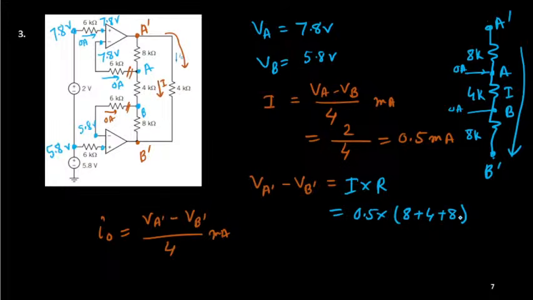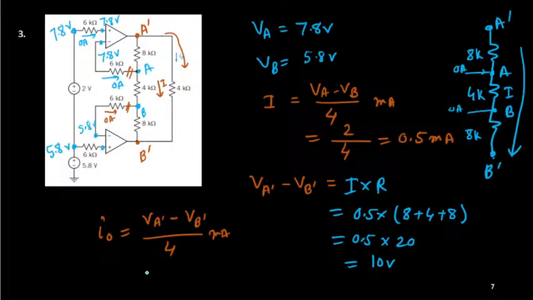Is it okay? That's very simple. So it is 0.5 multiplied by 16 plus 4, which is 20, and that is equal to 10 volt. Correct? So 10 volt is the gap between these two nodes, A prime and B prime.